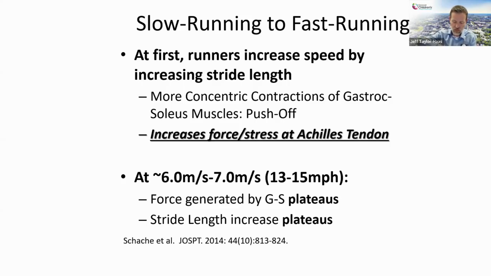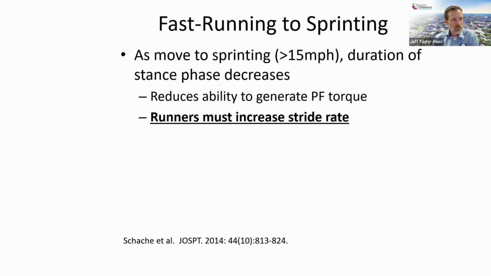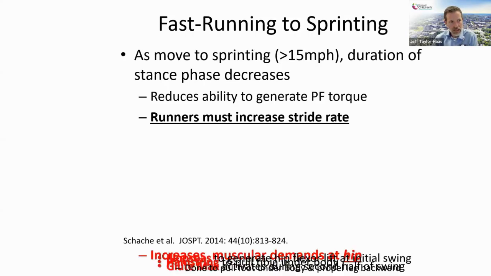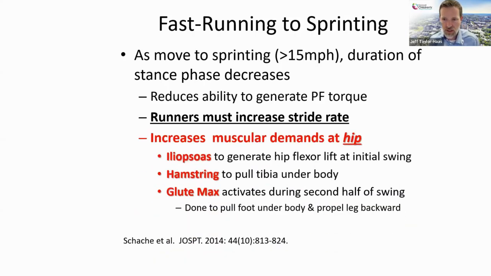As joint motion increases, torque values generally decrease. And once you get past 13 to 15 miles an hour, the duration of stance phase is going to decrease, which means you reduce the ability to generate torque. The movement's happening so fast that now you must increase your stride rate. And that is going to increase muscular demands at the hip, particularly the hip flexor, the hamstring, the glute max.